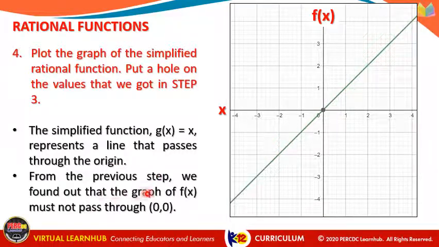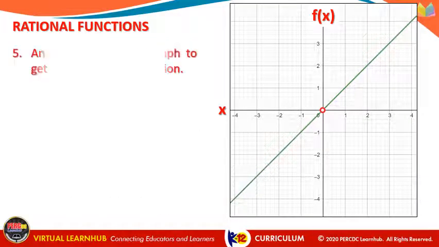From the previous step, yung value na 0, 0, hindi mangyayari. Kasi nga in the first place, hindi dapat dumaan sa x equals 0 yung ating graph. Kaya, anong gagawin natin sa 0, 0? Sa may 0, 0, maglalagay tayo ng hole. Lalagyan natin ng butas. Ibig sabihin, hindi dadaan yung curve sa 0, 0.